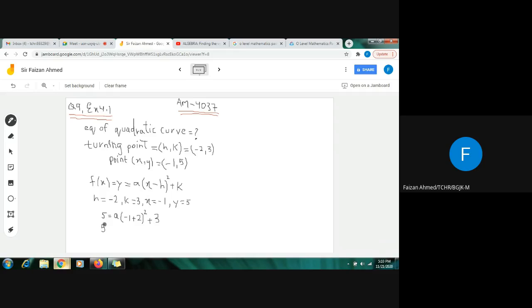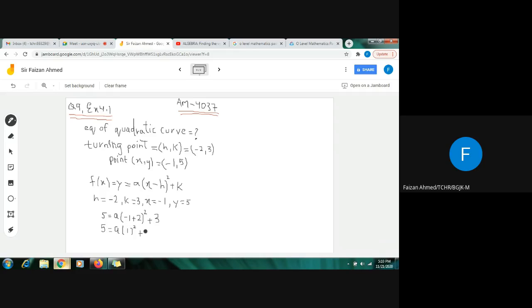Now it's time for simplification. a will be as it is, and -1 + 2 gives 1, since the sign belongs to the greater number. 1 squared is always 1, and then plus 3.